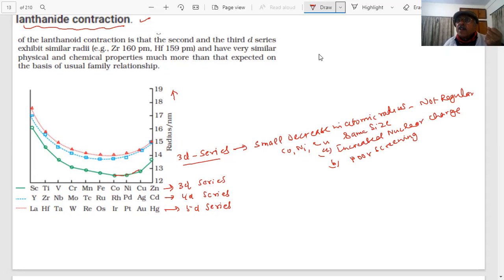And if the screening is poor, it will be attracted by the nucleus more. If the screening is not effective, then what happens? Then the attractive force will increase. And attractive force decreases the size.